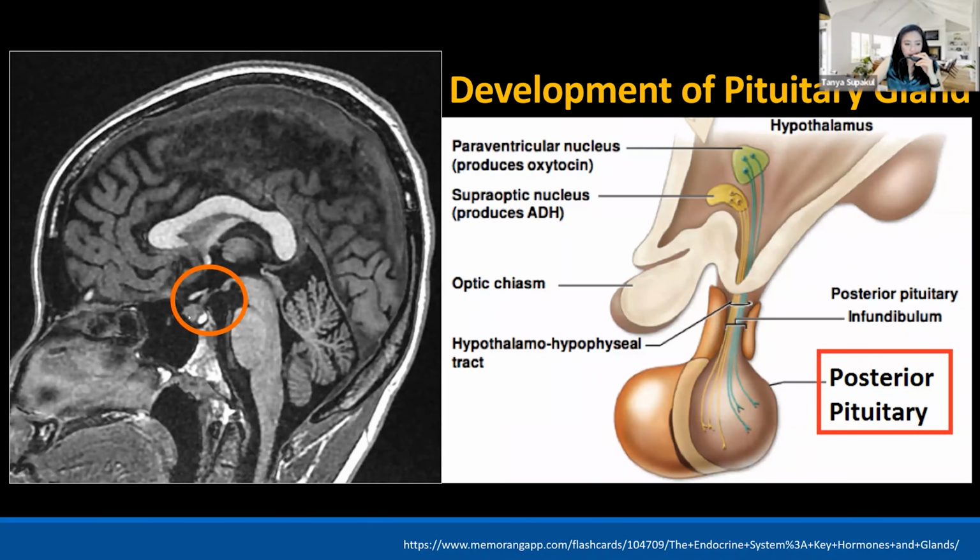The first one is the anterior gland, and the second one is the posterior pituitary gland that usually shows T1 shortening or bright signal. That bright signal comes from hormones from the hypothalamus, like oxytocin or ADH, produced in the hypothalamus, passed through the pituitary stalk and stored in the pituitary gland.